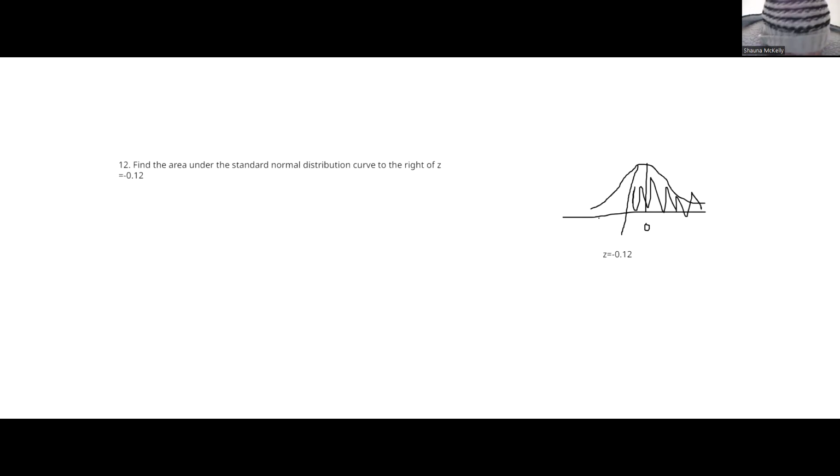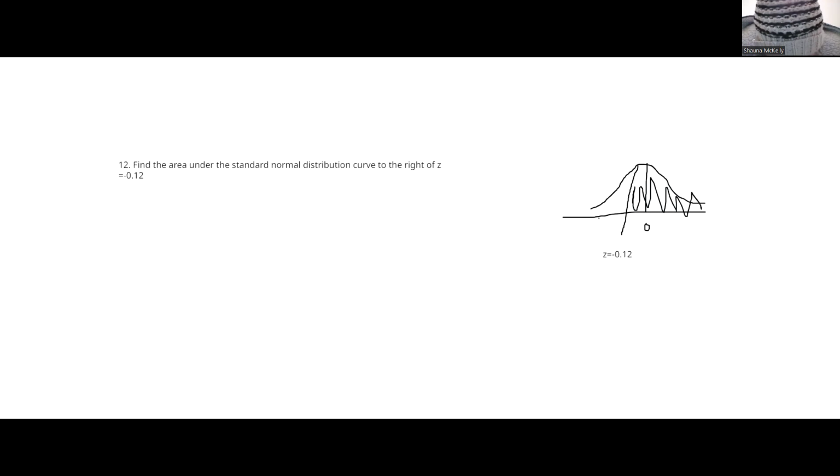Okay. So what I'm going to enter in my calculator, remember my normal starts where the boundary starts from left to right. My region that I shaded starts with negative 0.12.